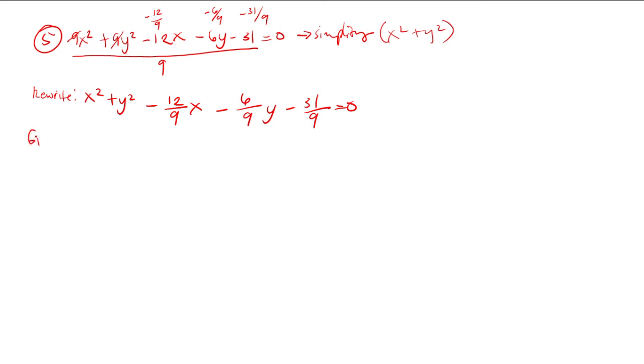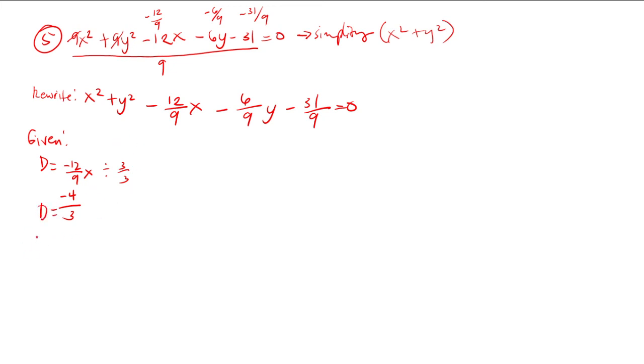Now, given na tayo, value ng d is negative 12 over 9. Now, divide both sides by 3 para ma-simplify. Negative 12 divided by 3 is negative 4. 9 divided by 3 is 3. So, ito na yung simplified version ng ating value of d. So, d is negative 4 over 3.